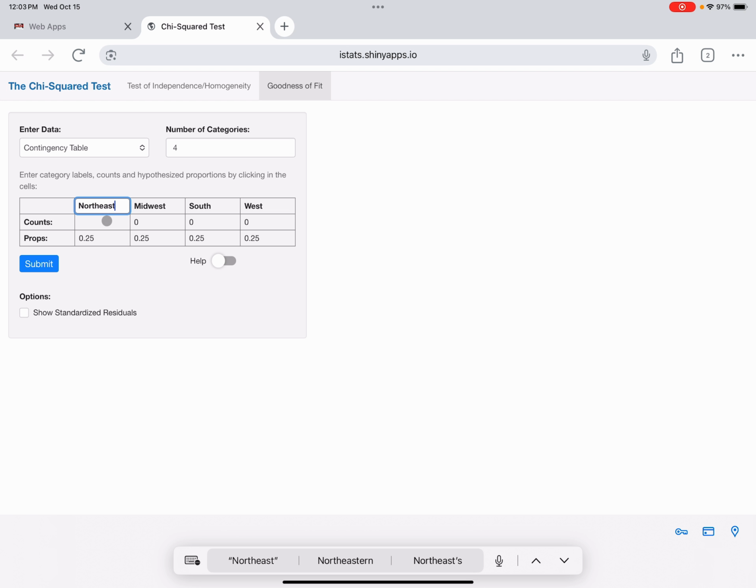But the count for the people living in the Northeast was 299, not 19%. 19% was the expected proportion, so that should be 0.19, okay? So just make sure you pay attention to where you're asked to put the counts, and where you're asked to put the proportions, put the proportions.